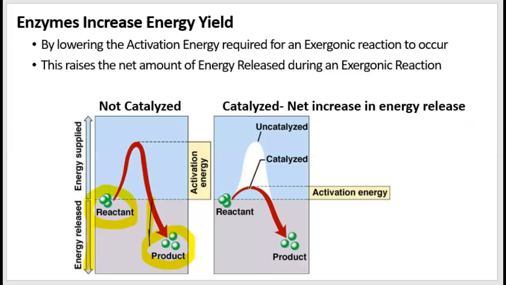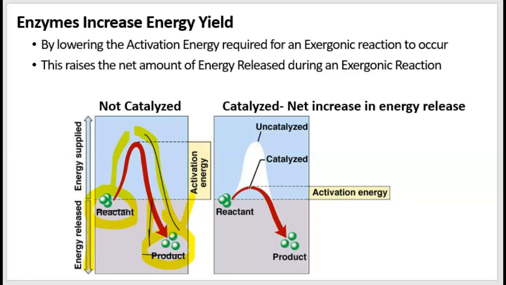If you could quantify how much potential energy is stored here and how much energy is released, the difference is what's released. But to get started, what has to happen is an input of energy. You have to put in a little bit of energy, and then you get a big payback, and a lot of energy is released.